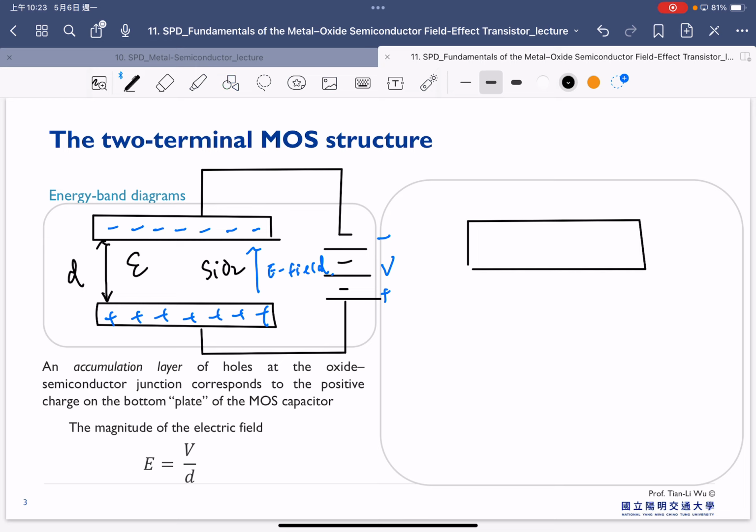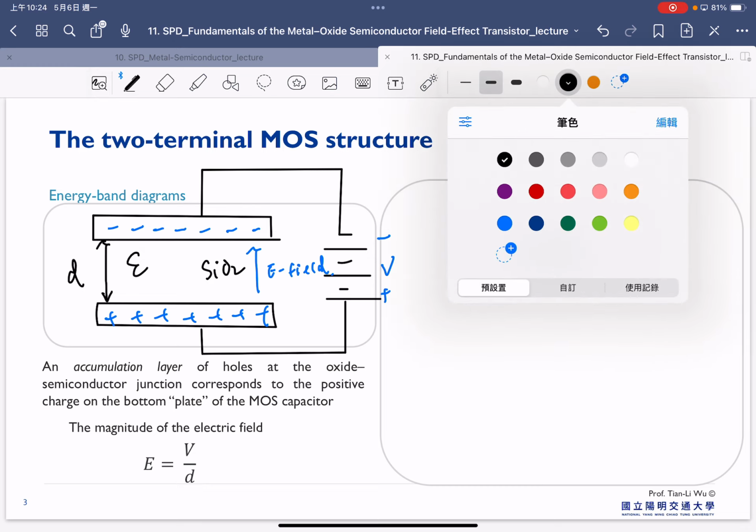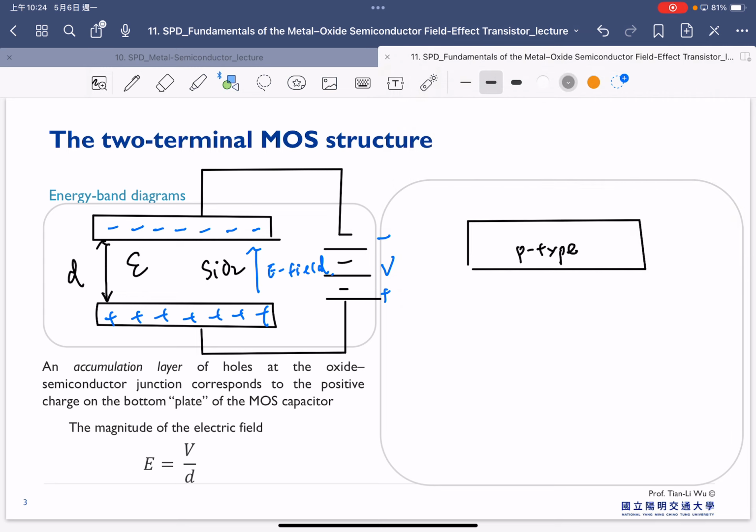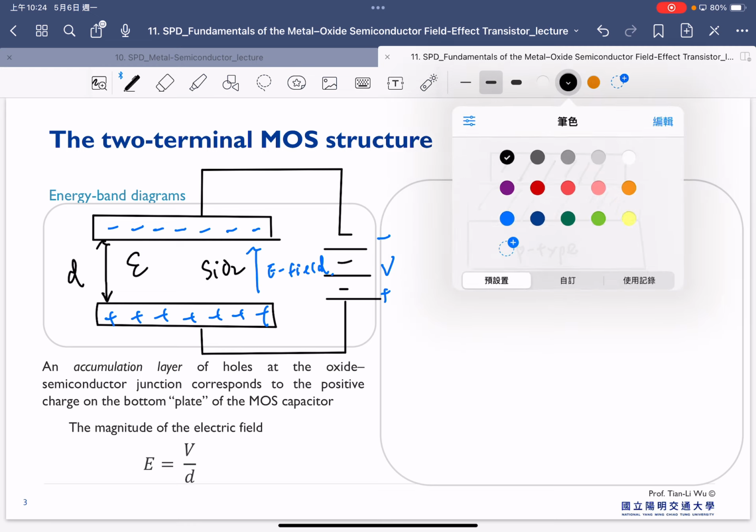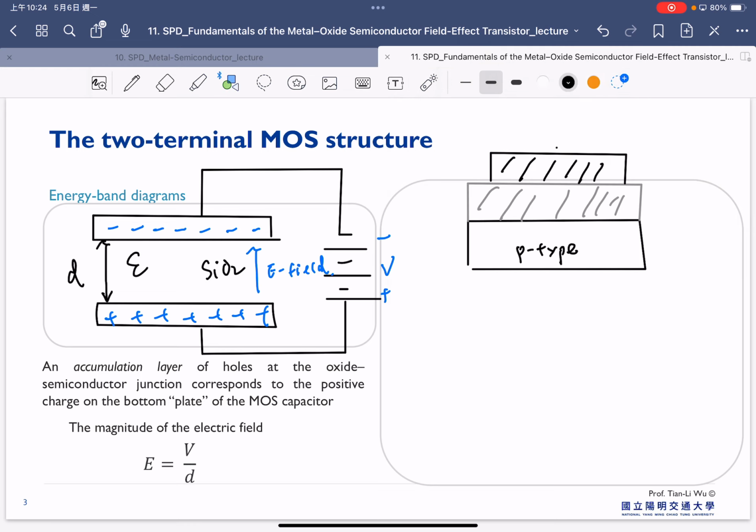We have the P-type semiconductor, on top we have the dielectric, and on top of that we have the gate metal. Now we apply the negative bias here.